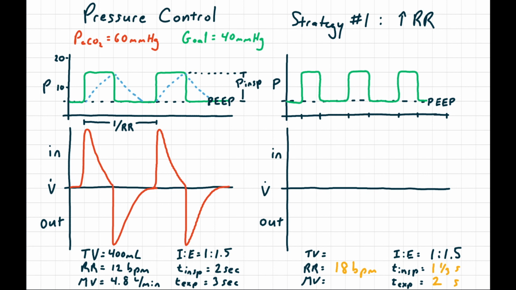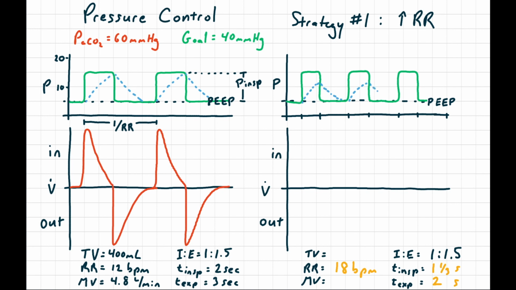Well, the pulmonary pressure is going to do exactly the same thing for the first 1 1/3 second inspiratory time as it was doing on the left-hand side of the screen before our respiratory rate change. Your lung has no idea how long your inspiration will last, it just responds to the pressure it sees. And then on expiration, pulmonary pressure, of course, returns to PEEP.